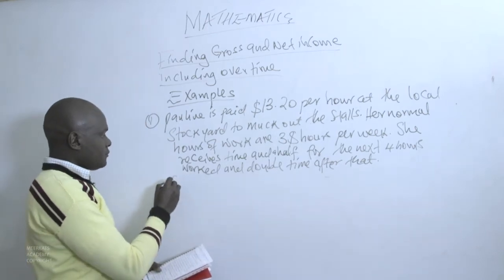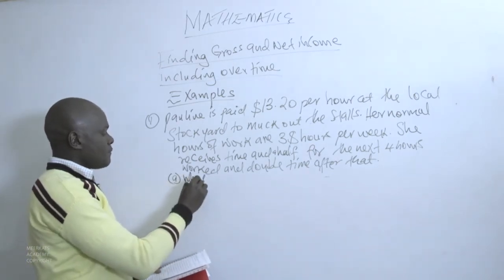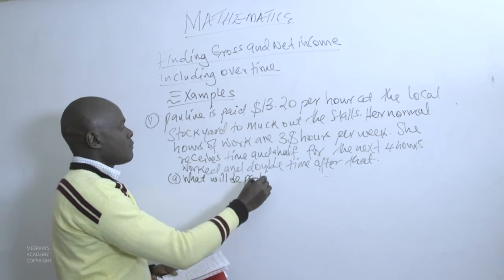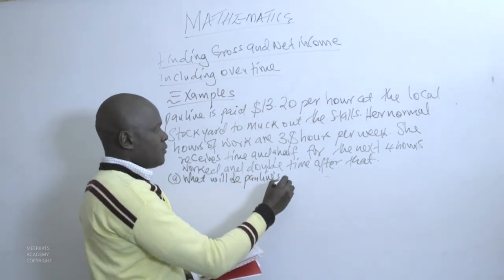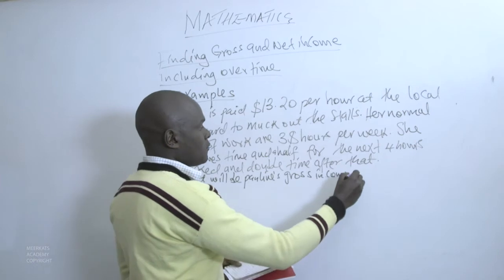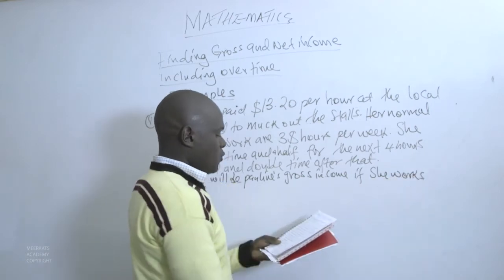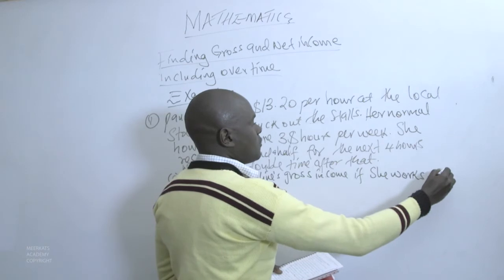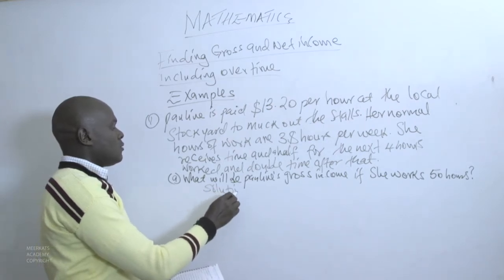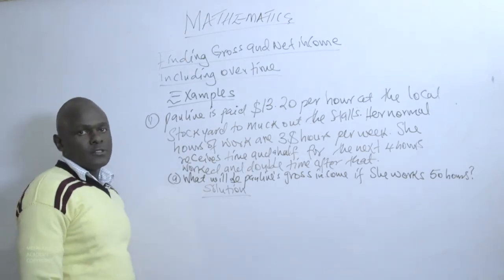And the question is, what will be Pauline's gross income if she works 50 hours?